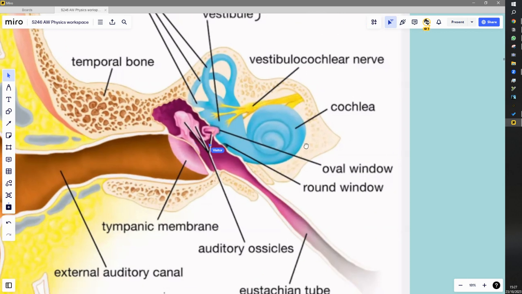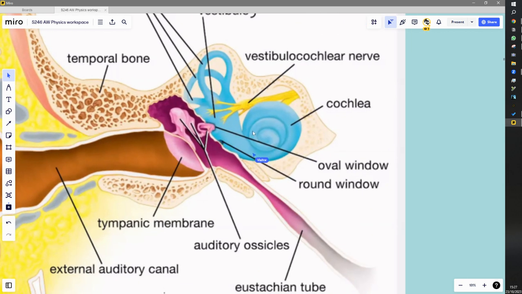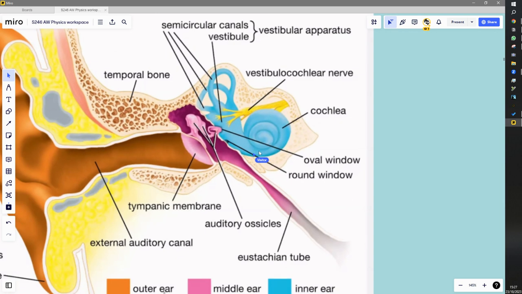Now, here's the interesting thing. You may know that if you get a middle ear infection, you can lose your balance. If you have issues with your ears, you can lose your balance. So your ears are not just responsible for hearing sounds; they're also responsible for your balance. So how does it do that?